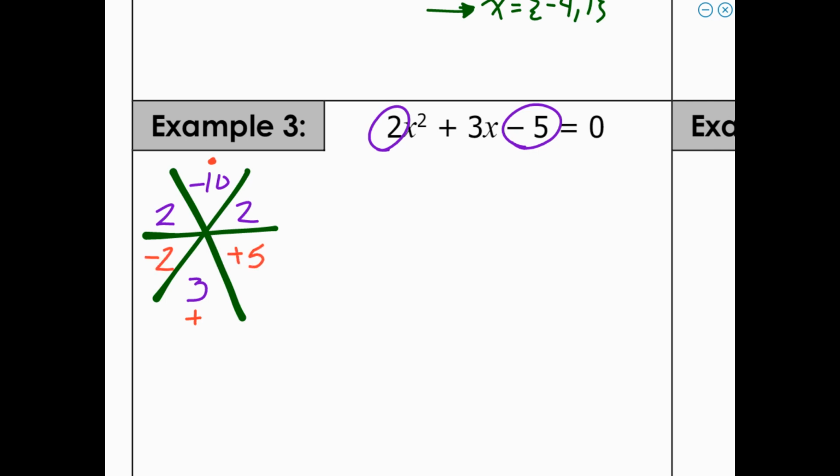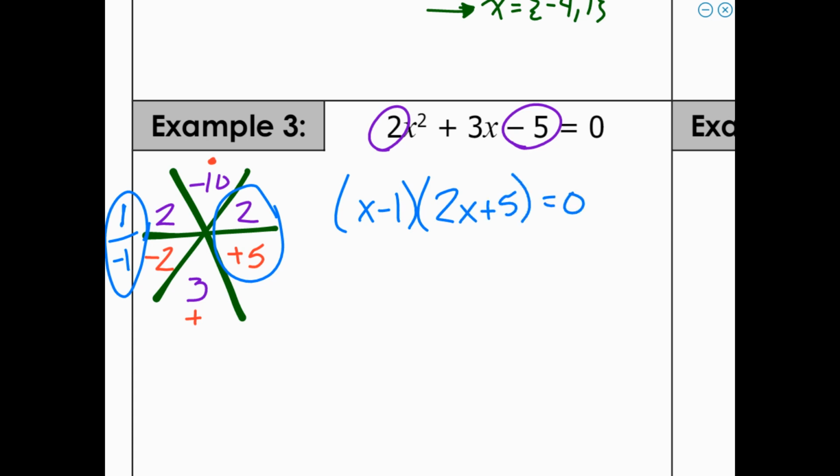The 5 is positive and the 2 is negative. Can we reduce 2 over negative 2? Yes, 1 over negative 1. So this is what I'm going to use now. So I've got x minus 1. Can 2 over 5 reduce? No, so it's going to be 2x plus 5. Separate them.